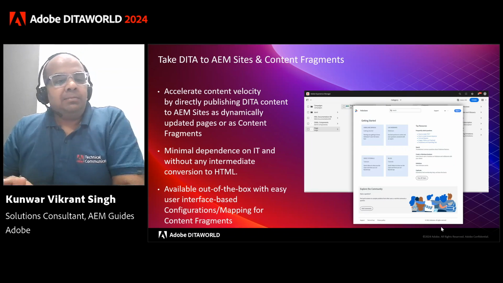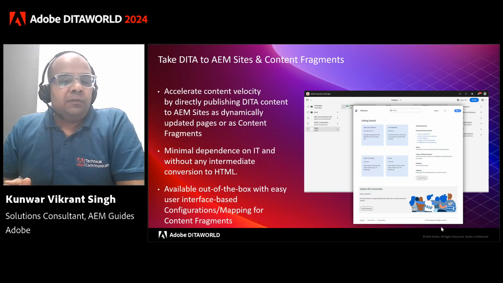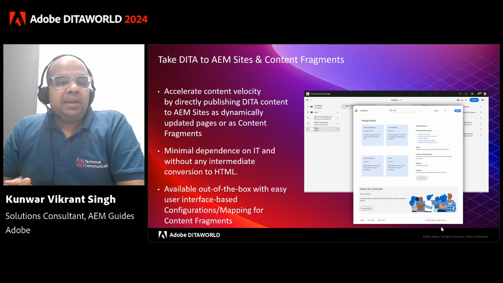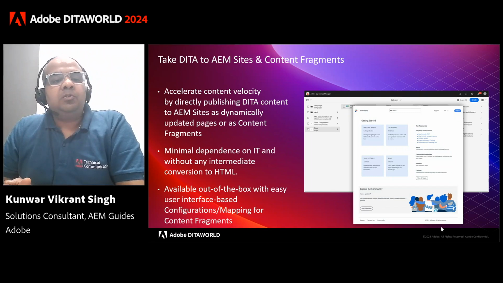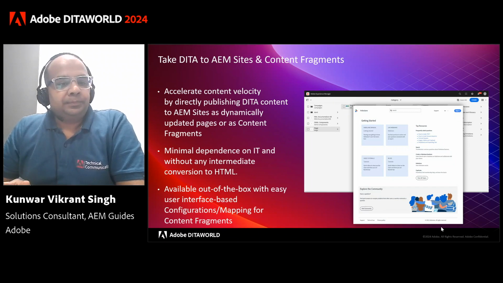At the same time, the author may also feel that some of the topics within that map may be a suitable candidate for a content fragment, as they could also be utilized by the product pages. Using another capability within AEM Guides, with just a click of a button, a content fragment could be generated from a topic.